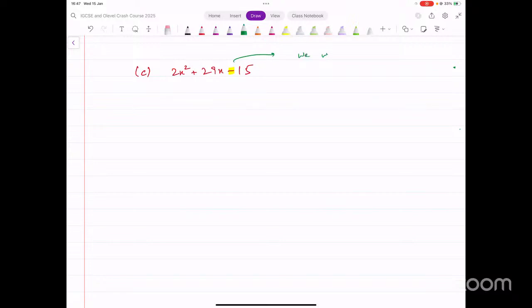We want two numbers that give us 29 when subtracted. So when we subtract these numbers, we should be getting this middle term.